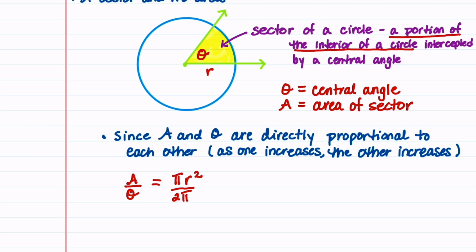So if our area is pi r squared, our theta is equal to 2 pi. And this will enable us to find the formula for A.